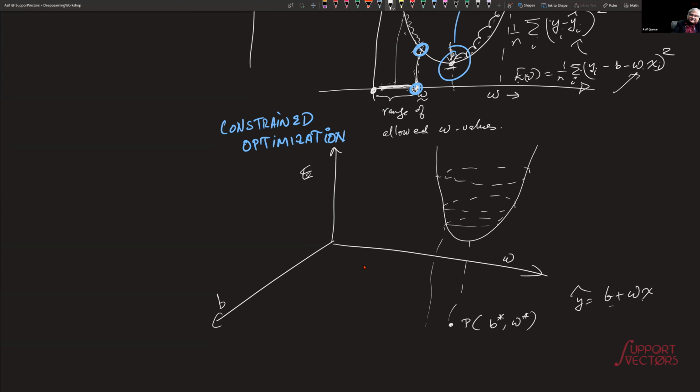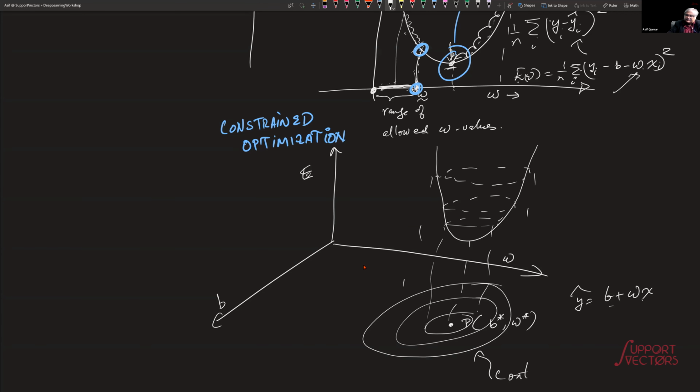Around this point, if I project these error surfaces onto this plane, you will find that these lines are there. These you call contour lines. What are contour lines? They are the shadows on the plane of equal error surfaces. You agree that if this is the error axis, all the points on this pink line have the same error because they are the same height from the plane.